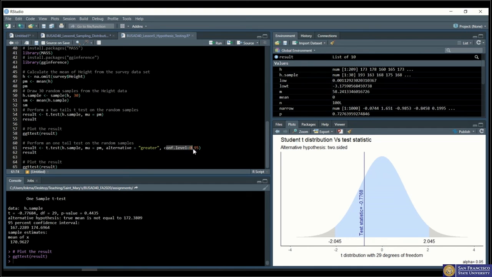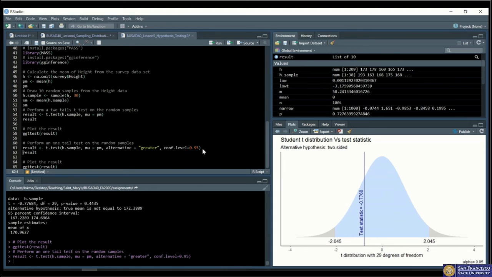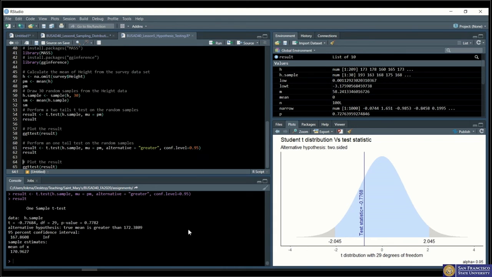And the confidence level is 95%. That means we are satisfied with a 5% chance of getting it wrong. 95% confidence to reject the null hypothesis. So we're going to save this result. And here you can get the p-value, which is 0.7782, and the t location is going to be negative 0.7768, which is the same.